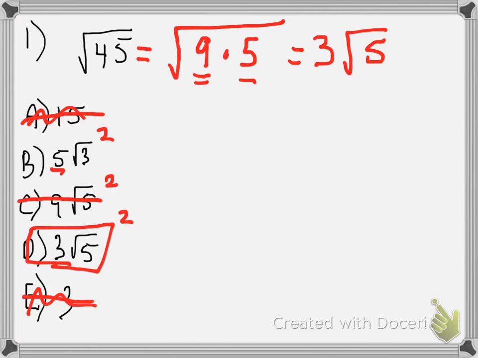Good. Now, moving on to number 2. Let's see. Let's look at my notes here quickly. The measures of angles A, B, and C of a triangle are in the ratio of 3 to 4 to 5. What is the measure in degrees of the largest angle?